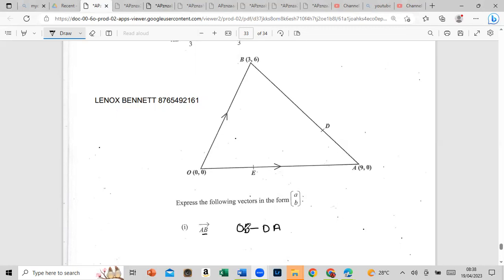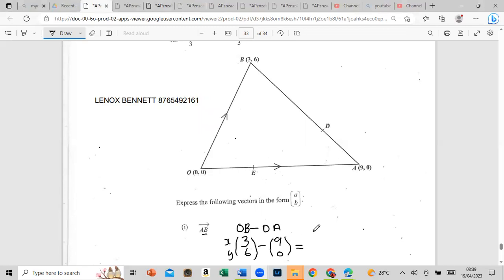OB is (3, 6), that was given. And remember, it's in the form (x, y), so this is our x value, while this is our y value. We subtract the x value from the x value. OA is (9, 0). So we just subtract now.